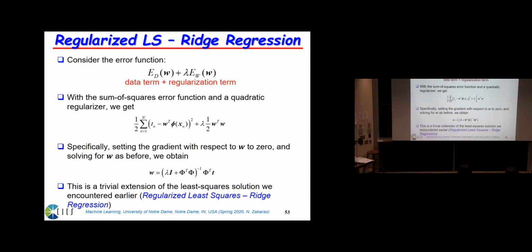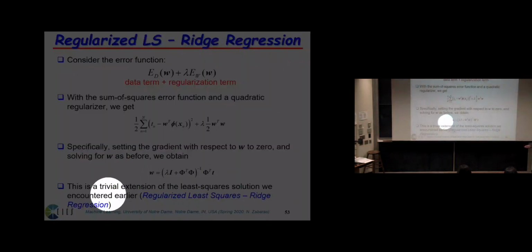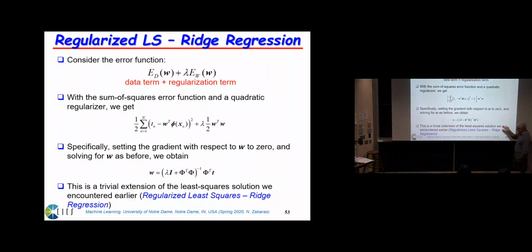That's a standard trick with this method. So this is regularized least squares, and in engineering and statistics, you may also find this with the name ridge regression. Lots of times you may see comparison with ridge regression. It implies basically a regularized least squares system.